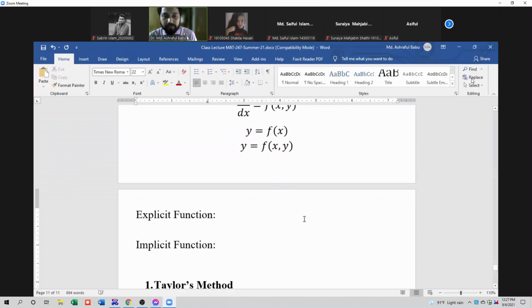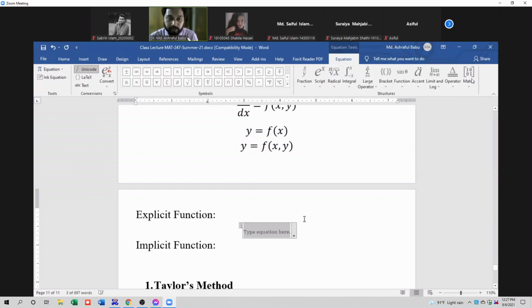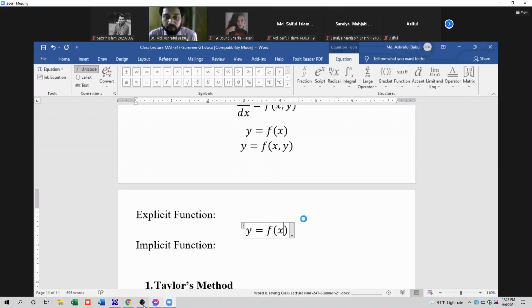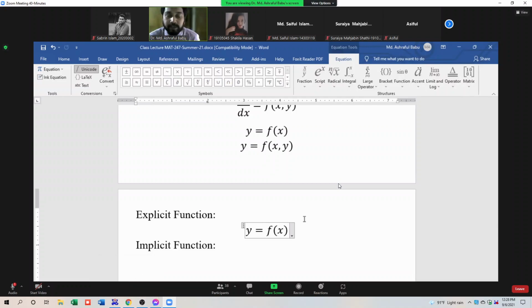Explicit function is, I just give you an example, then you can understand. That's called explicit function, y equal to f of x. That's when variables are separated. Independent and dependent variable are separated from each other. That is actually called explicit function.